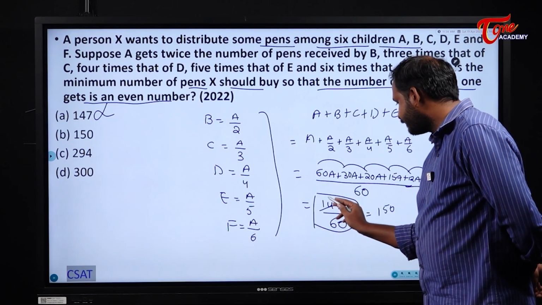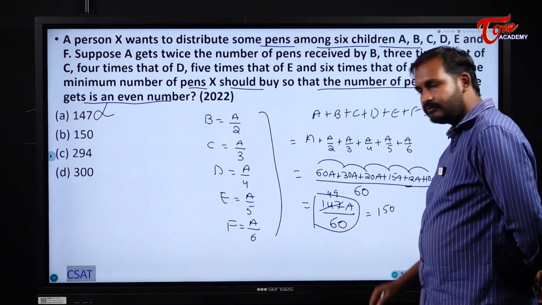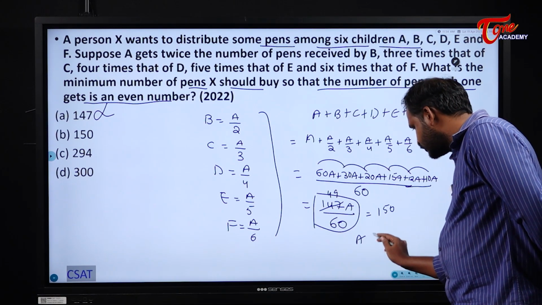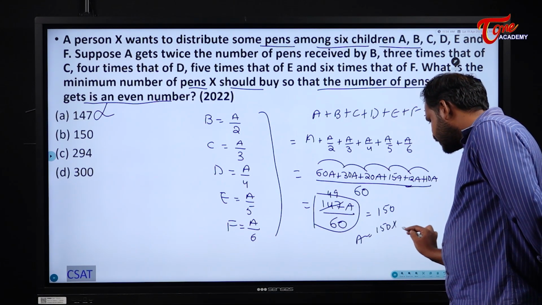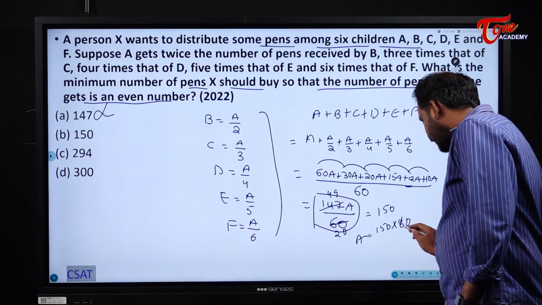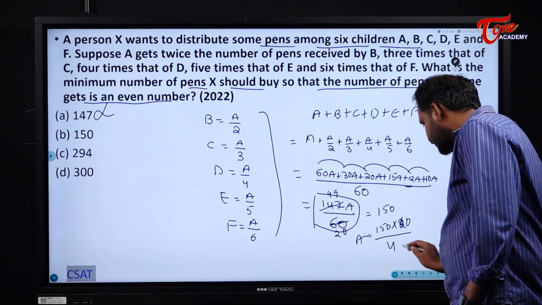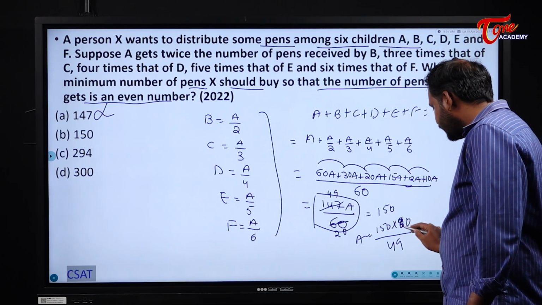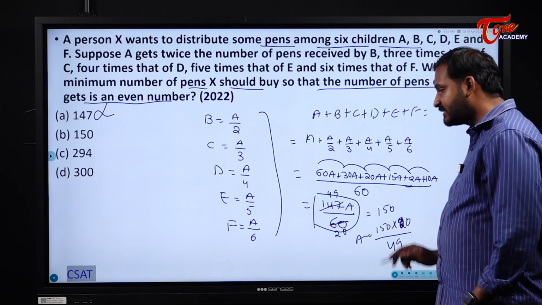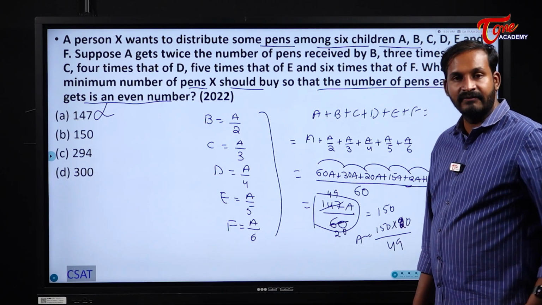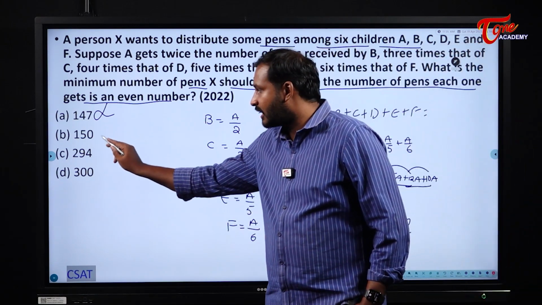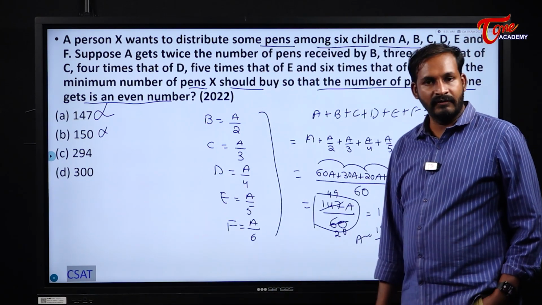What will it become? 49. If I multiply to this side, A value will become 150 into 20 by 49. Is it a perfect number? No. Definitely we will get the answer in decimal. We will never get the answer in a perfect value number. So 150 is not our answer.